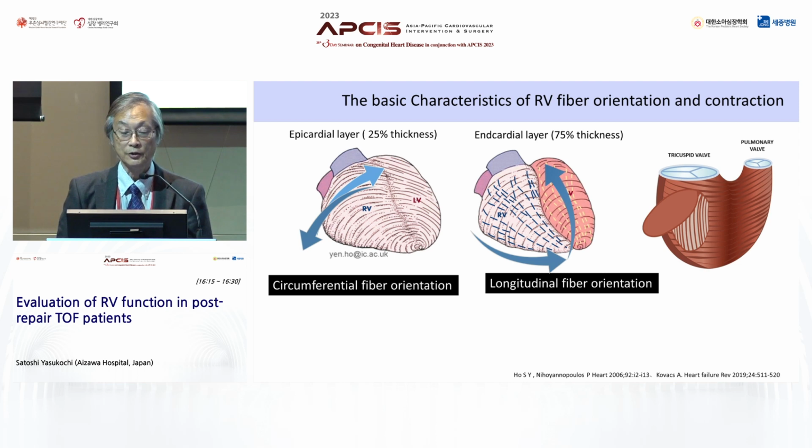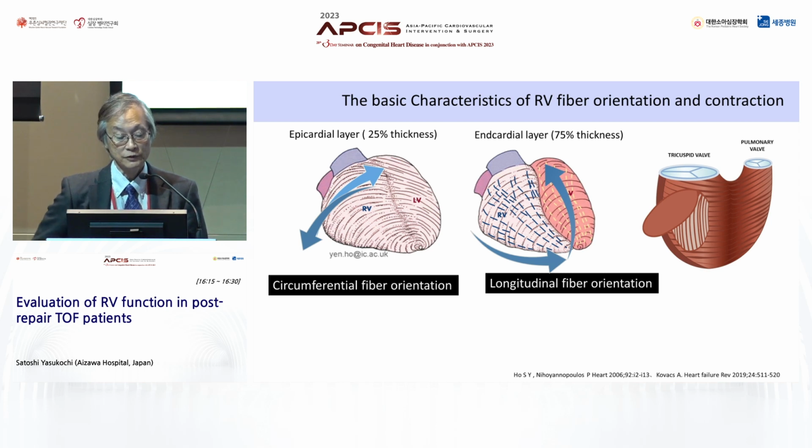The inside endocardial layer is 75% of the thickness, with longitudinal fiber orientation. The epicardial layer outside is 25% of the thickness, with circumferential and transverse directions.